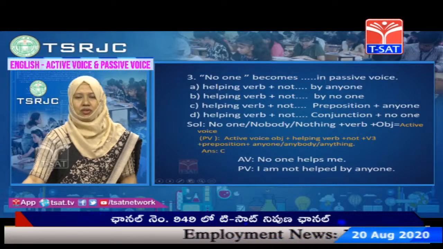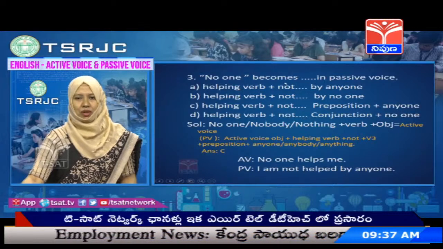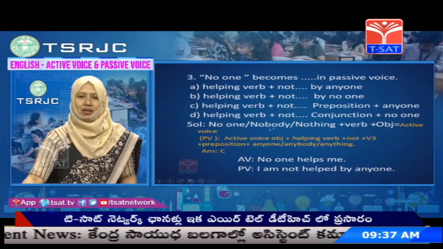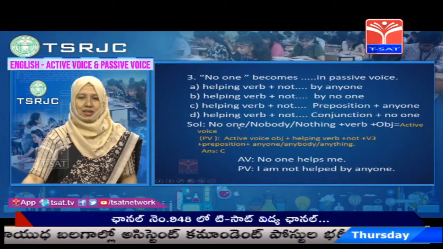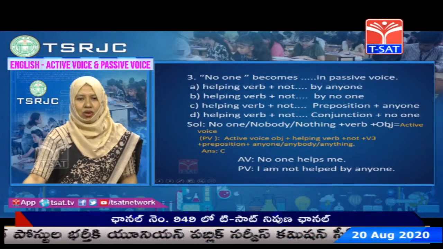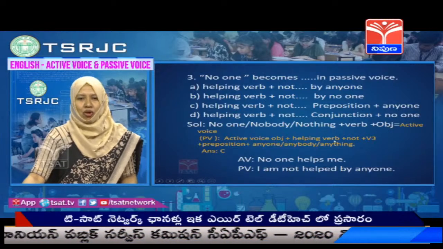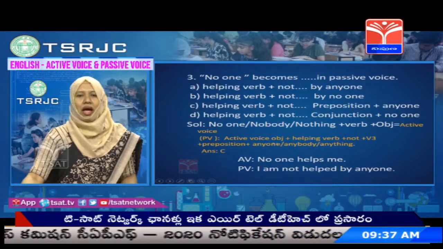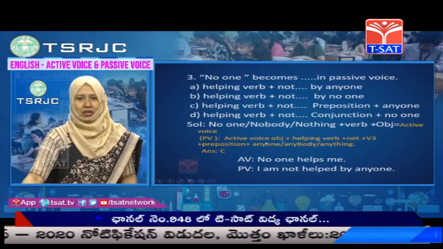For this kind of sentence, always remember, we have discussed earlier, whenever a sentence starts with no one, nobody, nothing, etc. in active voice, the object of the active voice will change into the subject in passive voice.